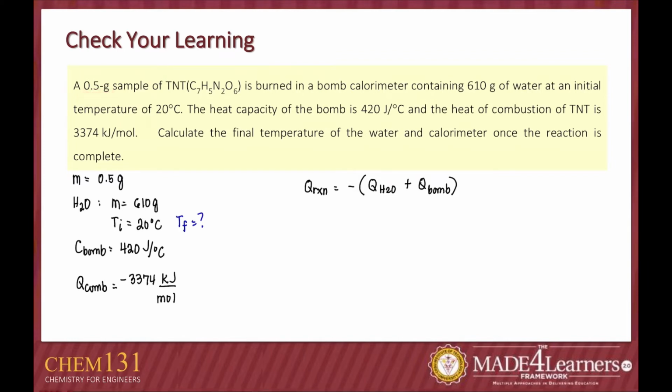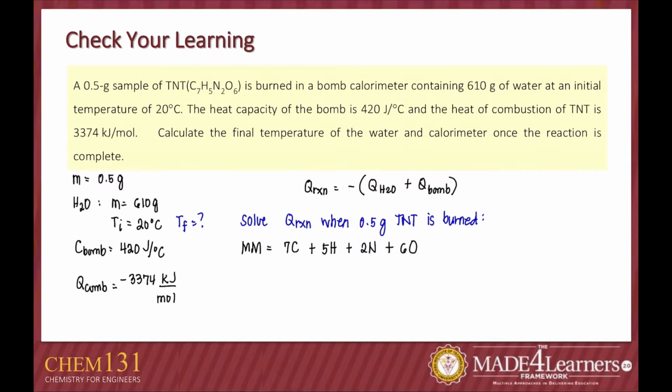Okay, so what we're going to do now is to solve. Okay, solve Q reaction when 0.5 gram TNT is burned. So first thing, we solve for the molar mass of TNT. So naay 7 ka carbon plus 5 ka hydrogen plus 2 ka nitrogen plus 6 ka oxygen.